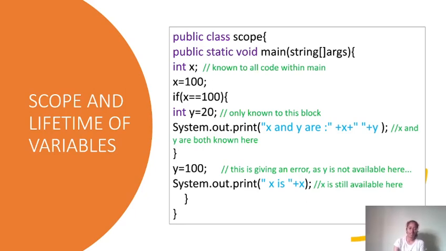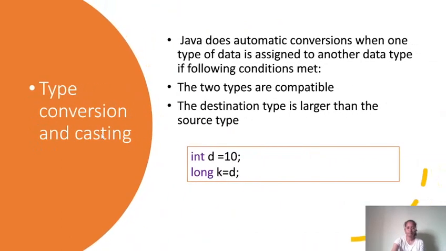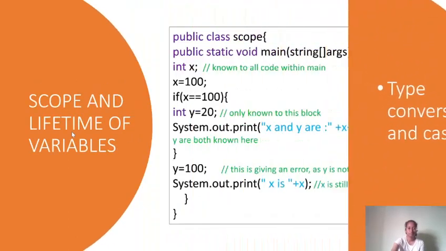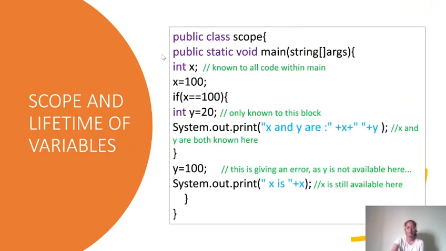In this example code, we have int x, or the variable x, initialized with the value of 100 under the main function. This value can be accessed throughout the whole program, which means till here.